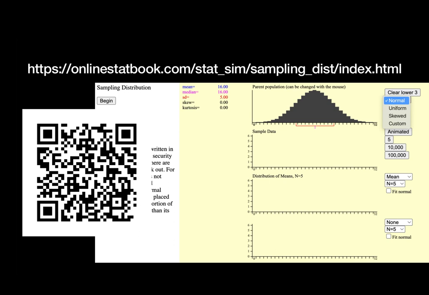Sigma sub x bar in the bottom one is 2.26. The standard deviation of the sampling distribution tells us the spread of those averages. The standard deviation tells me about the spread of the original data.